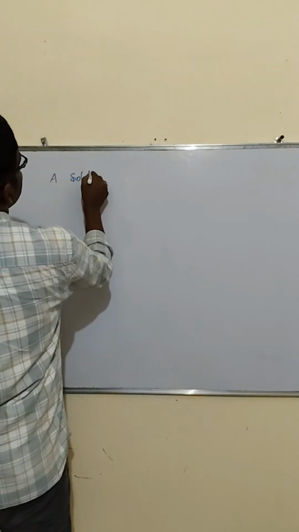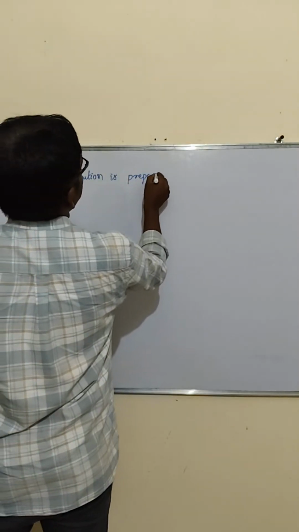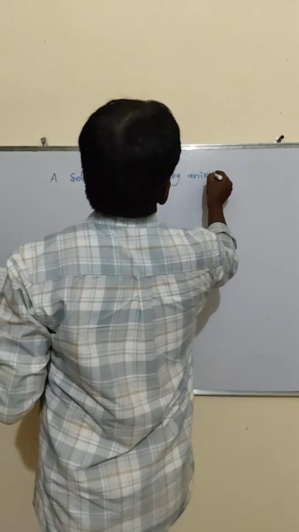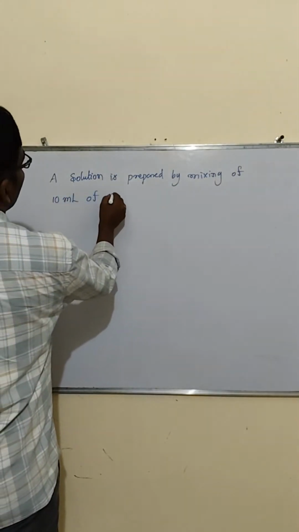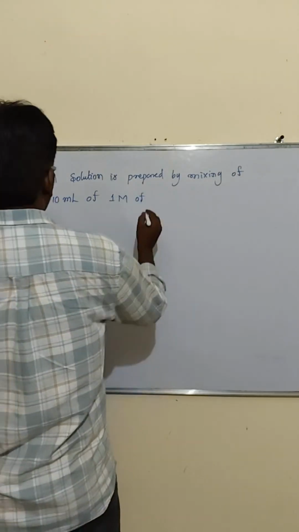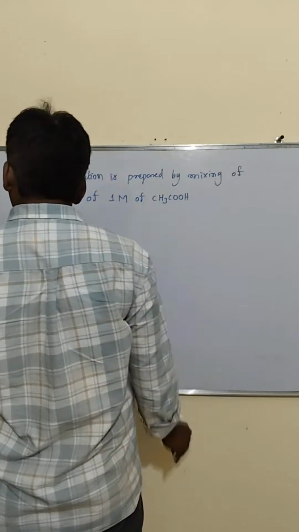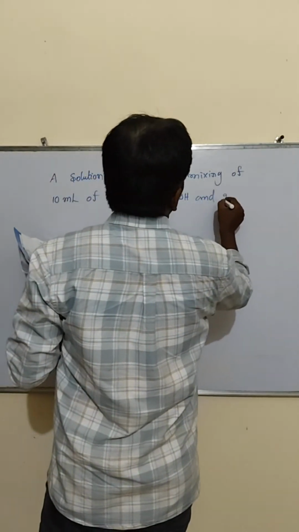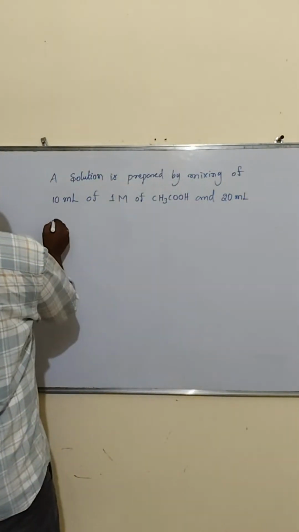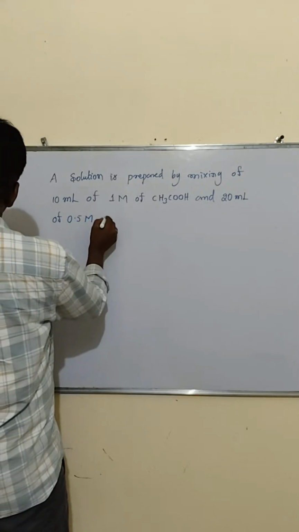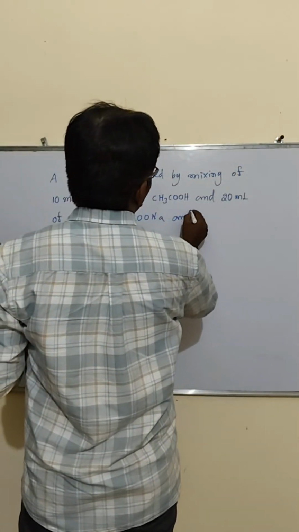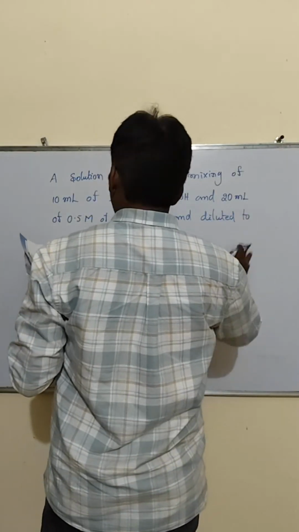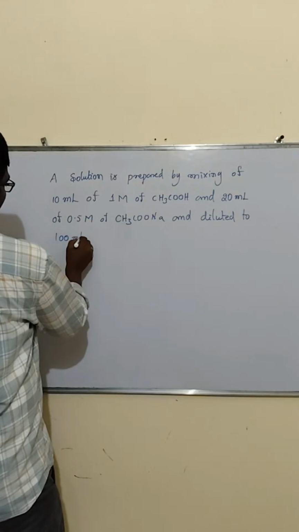A solution is prepared by mixing 10 ml of 1 molarity CH3COOH and 20 ml of 0.5 molarity sodium acetate, that is CH3COONa, and diluted to 100 ml.